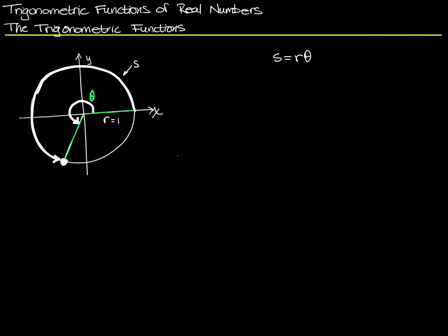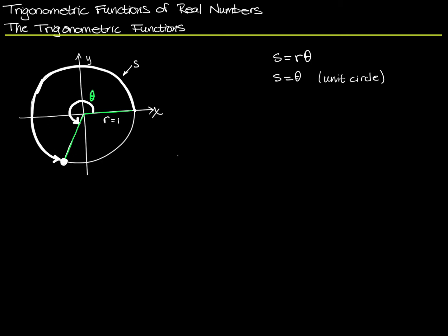The arc cut out by that angle has a length of r times theta. Well, r for the unit circle is 1. So for the unit circle, S is just equal to theta. That means that the length of the arc has the same numerical measure as the size of the angle.